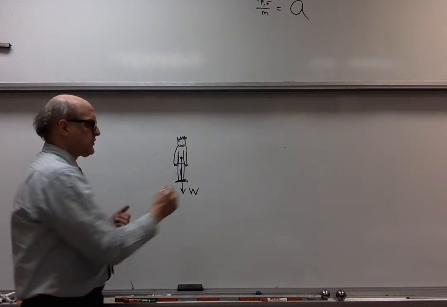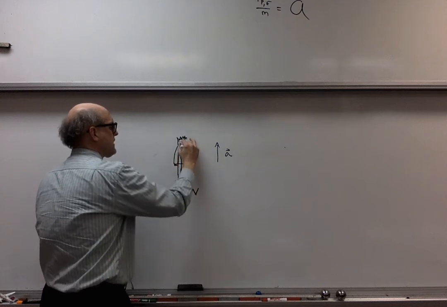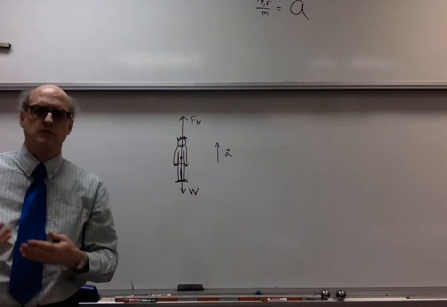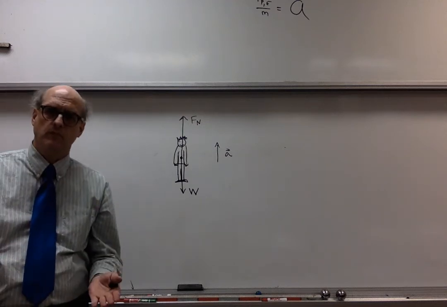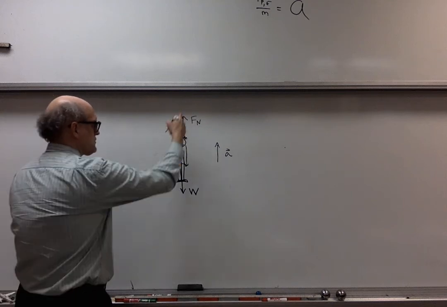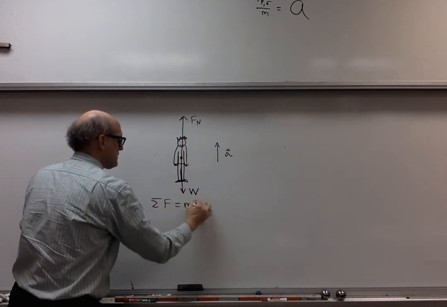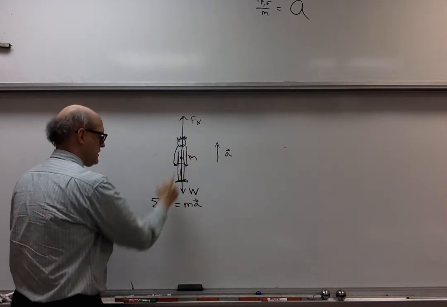If the elevator is accelerating upward, then wouldn't the normal force have to be greater than the weight? Which would mean that the person feels heavier than he normally feels. So let's apply Newton's second law to this. We have sigma F equals ma. So the net force equals the mass of the person times the person's acceleration.